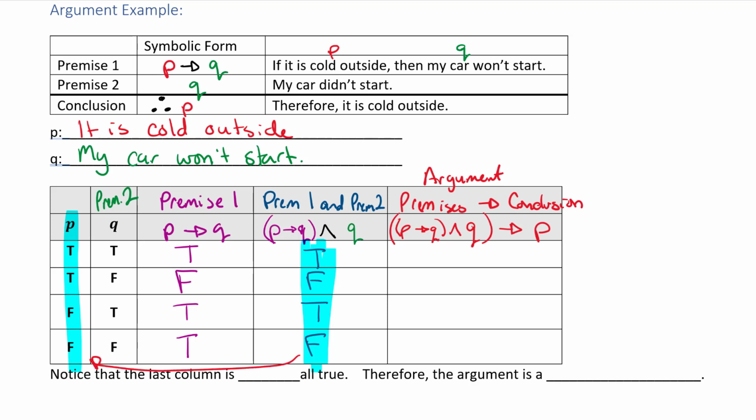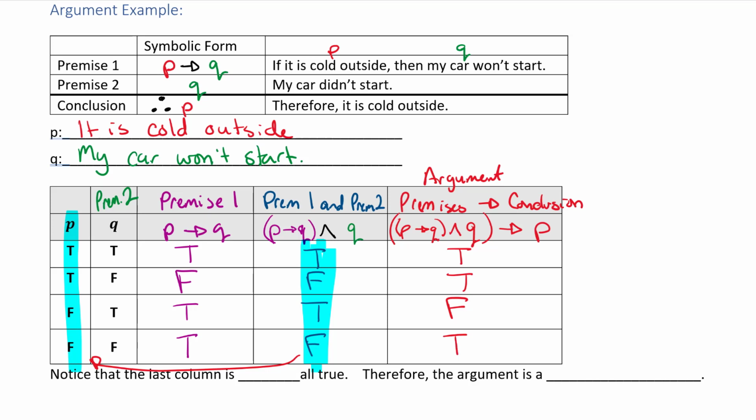So if true, then true. That's true. If false, then true. That's true because if the antecedent is false, then the whole conditional statement is true. If true, then false, okay, that's not okay. If true, then false, that tells you that the whole conditional statement is false. And then if false, then false, that's true.